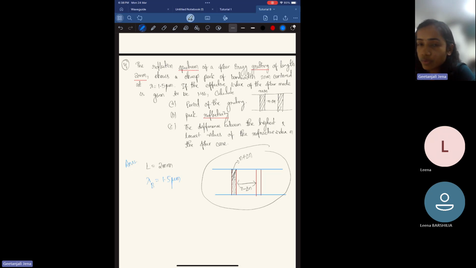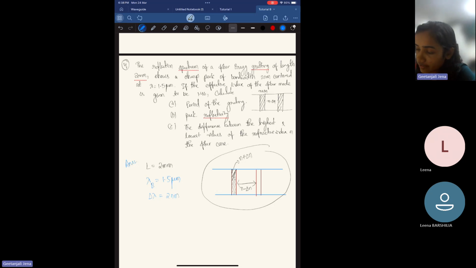And whenever we have a peak, it's not like a sharp peak, so we'll have a spreading around this Bragg wavelength. That is why in the question it is given the bandwidth of this reflection spectrum around 1.5 is 2 nanometer. So we have Δλ, it is 2 nanometer.